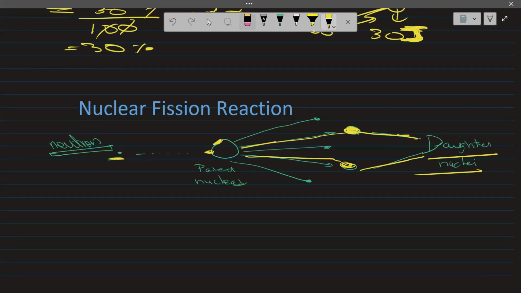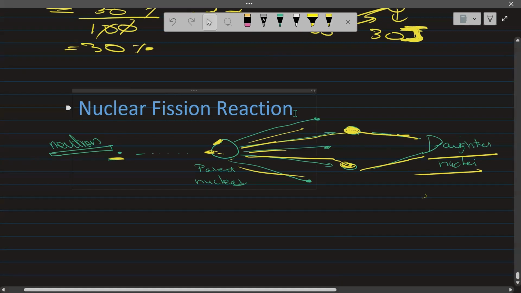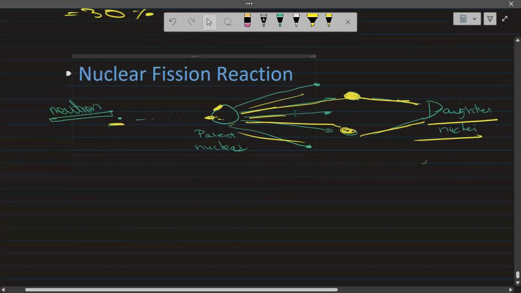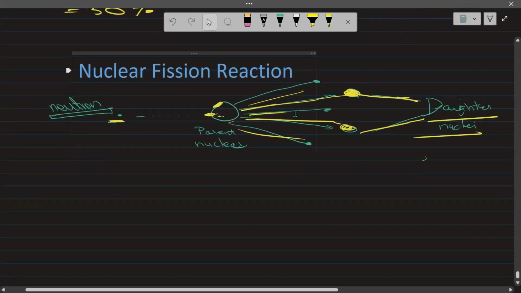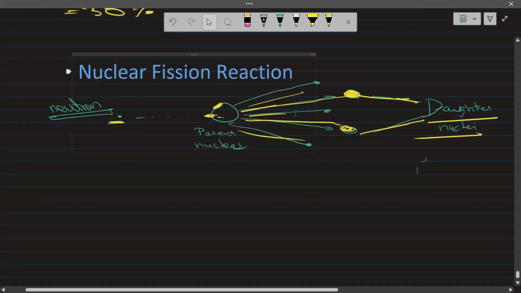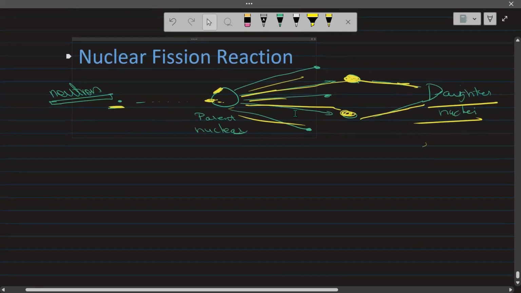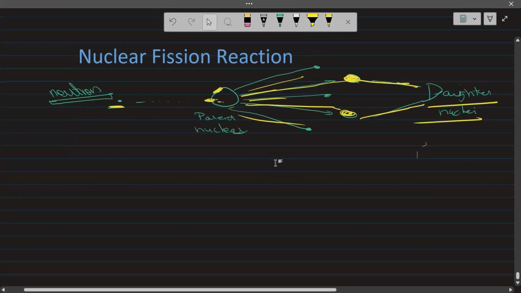So when one neutron hits the parent nucleus, three other neutrons are created, and along with them two daughter nuclei are also created. In this reaction a lot of energy is created, and we use this reaction in power generation.